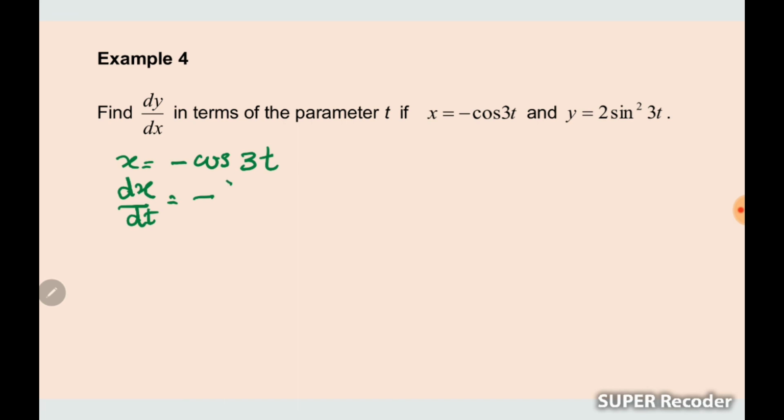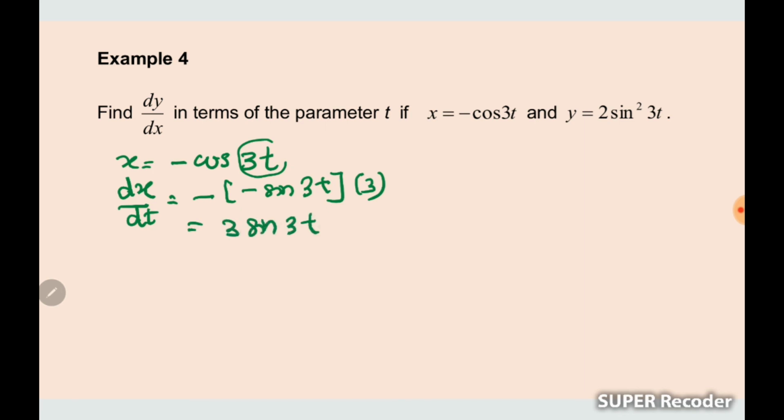Differentiate cos, the answer is negative sine. So that is negative sine 3t, then differentiate 3t, the answer is 3. So to simplify, you will get 3 sin 3t.